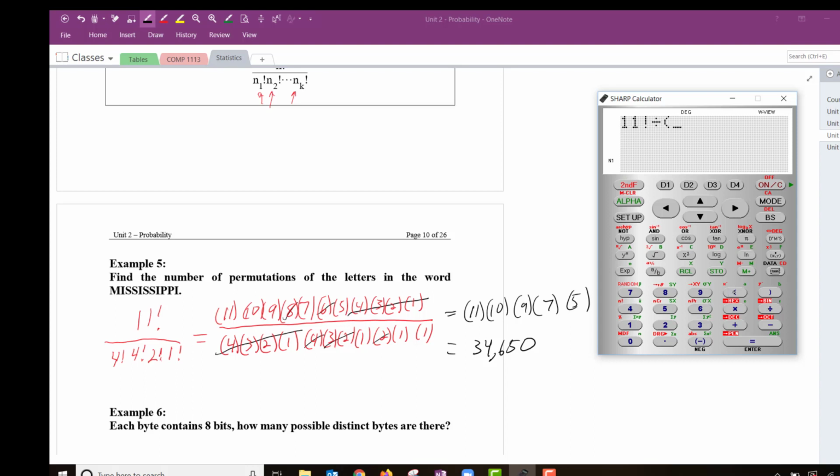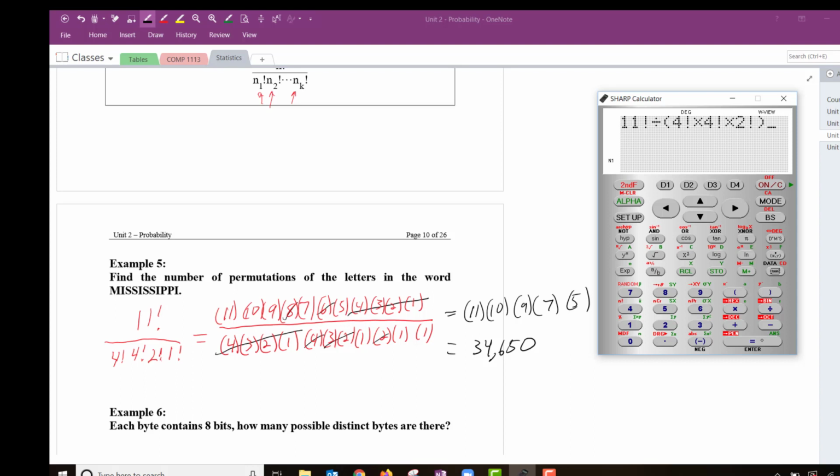by, and we need to divide by 4 factorial times, oops, oh no, let me try that again. 11 factorial divided by, and put brackets here so that I can hopefully just chain these together, 4 factorial and 4 factorial and 2 factorial and 1 factorial, which is 1.